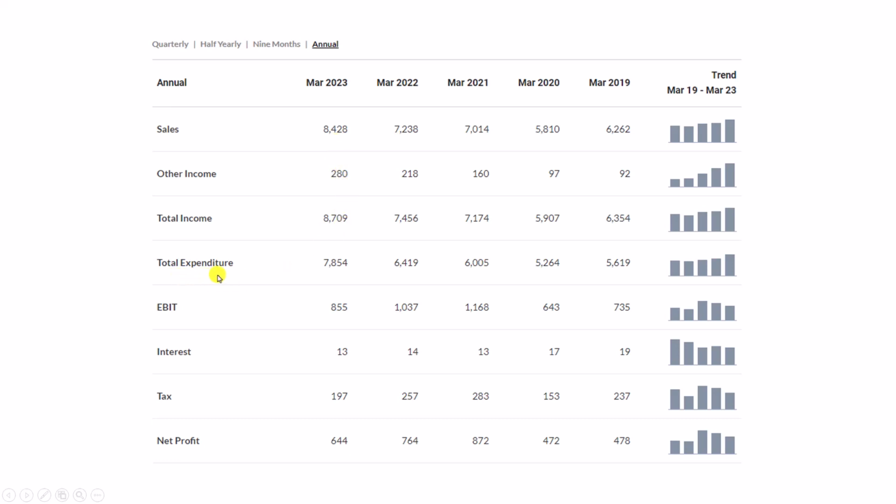Next we have total expenditure, which is this. The total money that the company has spent in the last financial year is this much. Now, why does the company spend money? Let us take this company itself. This company manufactures tractors, for example.